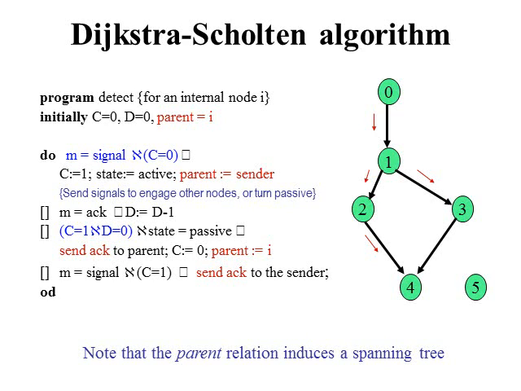That makes sure that there is a spanning tree which is developed in order to detect the termination in the algorithm. So this is the end of the Dijkstra-Scholten algorithm for termination detection.